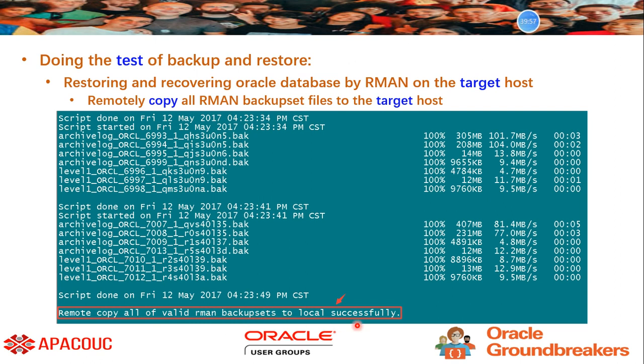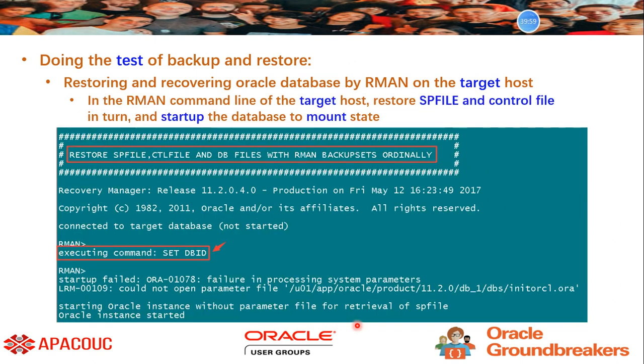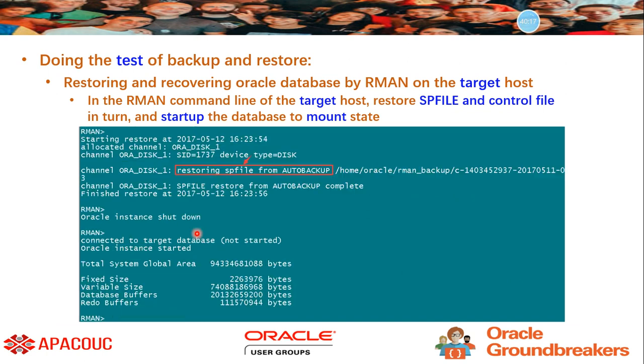Next, 4 slides show restoring the SP file, control file, and data files from RMAN backup sets step by step. 1, 2, this is restoring the SP file.